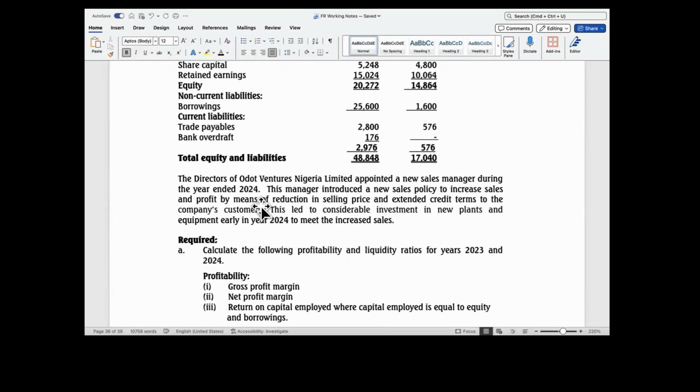What he intends to do is to reduce their selling price and extend credit terms to the company's customers. Extended, meaning that they are going to give them more days to pay. So this led to considerable investment in new plants and equipment early in year 2024 to meet the increased sales. So they invested a lot of money to meet the increased sales.